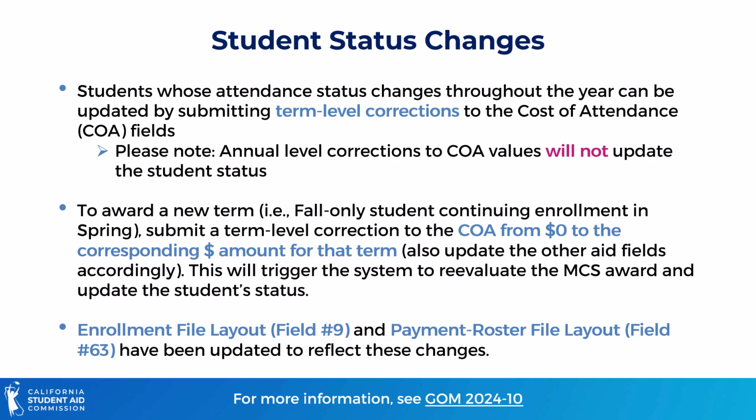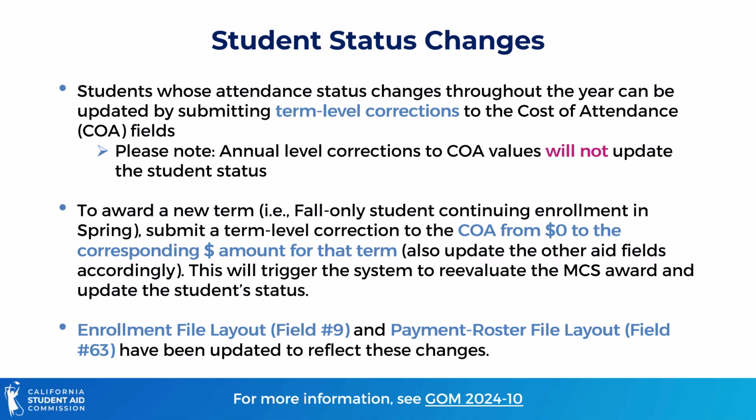When a student's attendance status changes, a term level correction can be made to the cost of attendance fields to either add or remove a term. Please note, annual level corrections to cost of attendance values will not update the student status. The correction must be made at the term level.